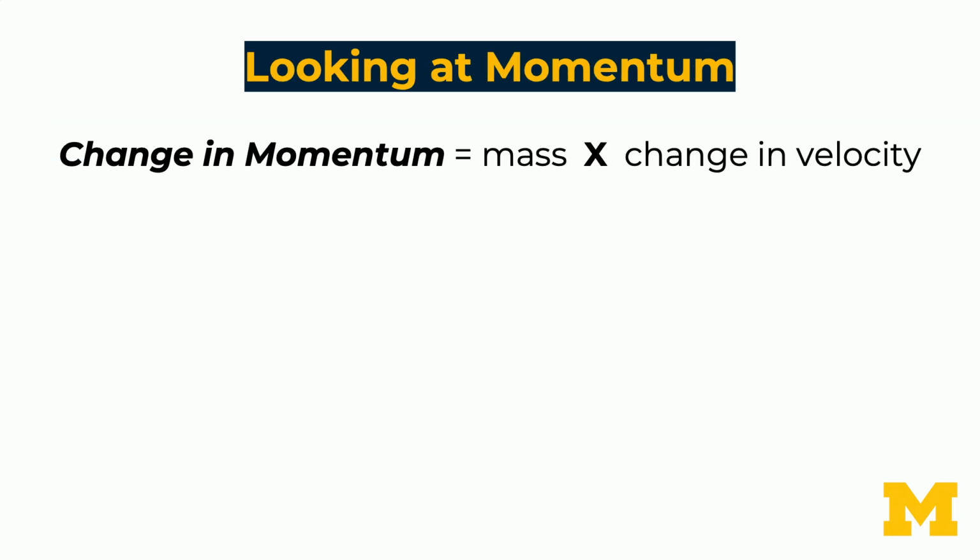So let's look at momentum a little more closely. If we change the momentum of an object, that usually means we're changing the velocity of the object. Say we take something with 50 kilograms of mass moving at 10 meters per second, and we slow it down to 0 meters per second.